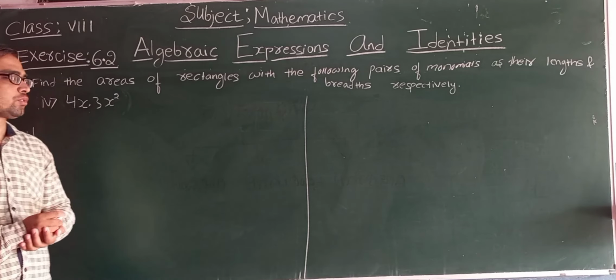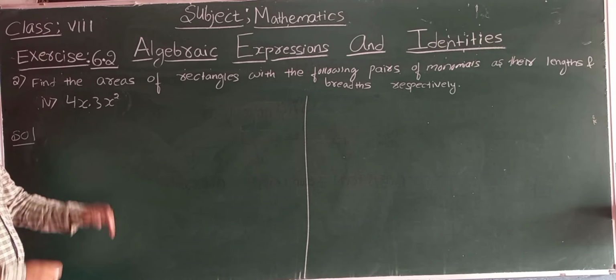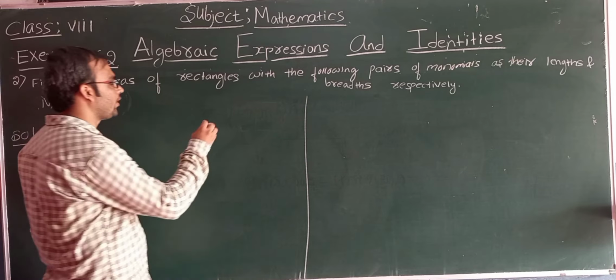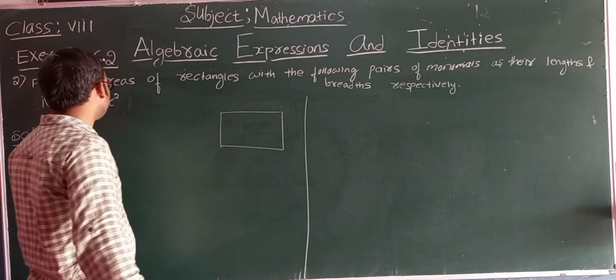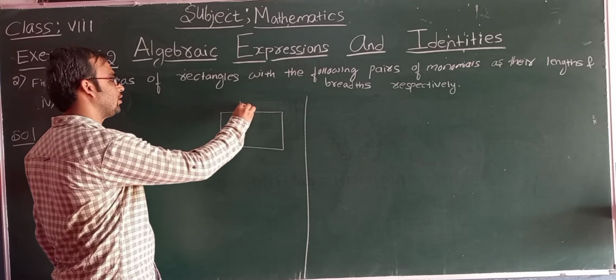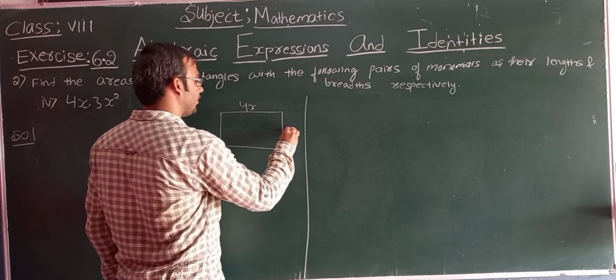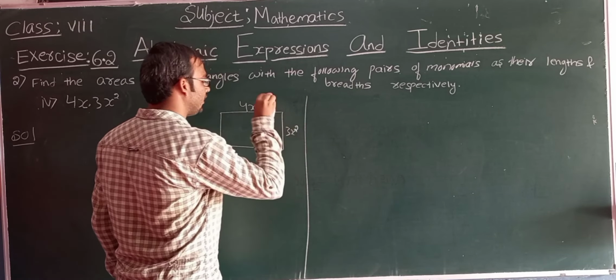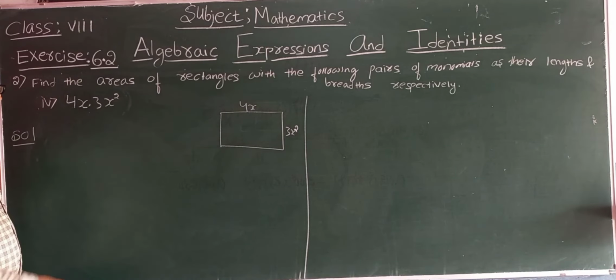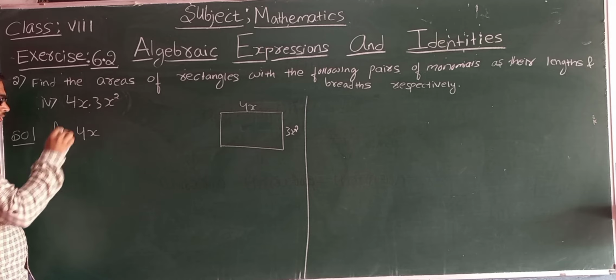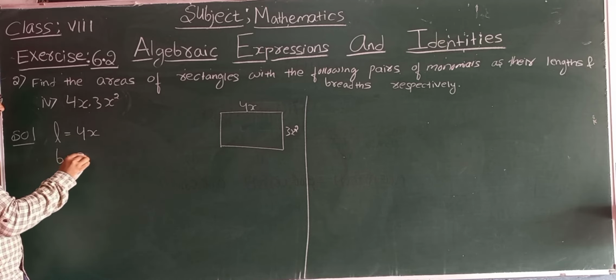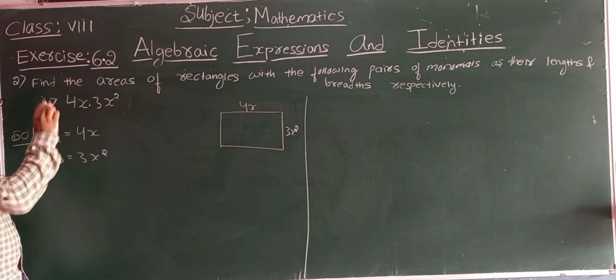Students, let us solve the fourth question. What have they given? 4x and 3x square. If this is a rectangle, the length is 4x and the breadth is 3x square. Here I am writing a shortcut: length is 4x and breadth is 3x square.